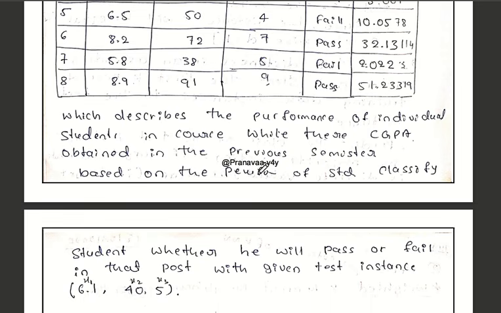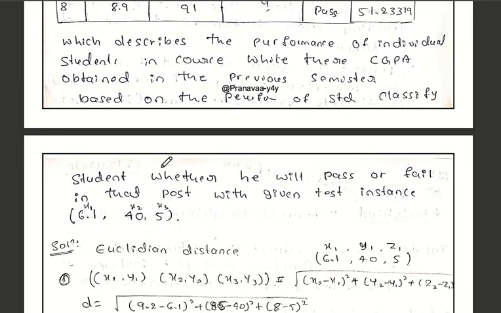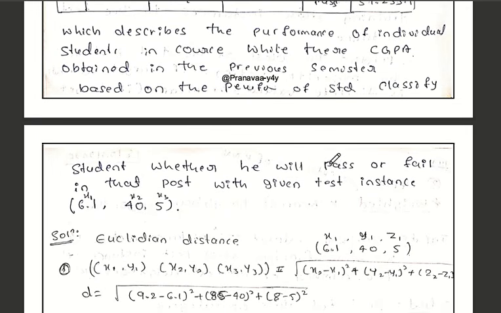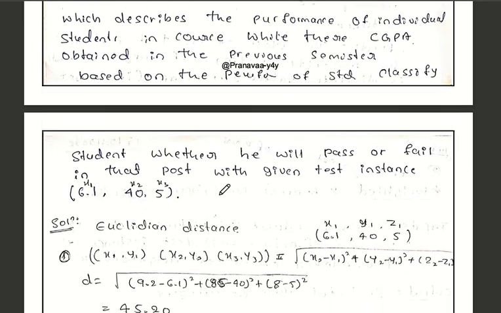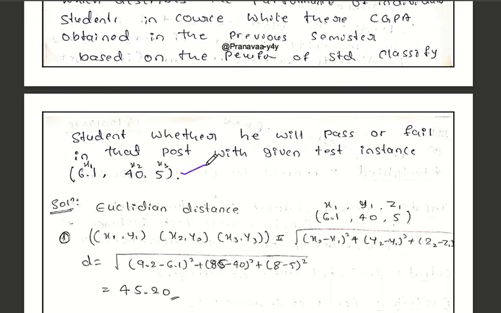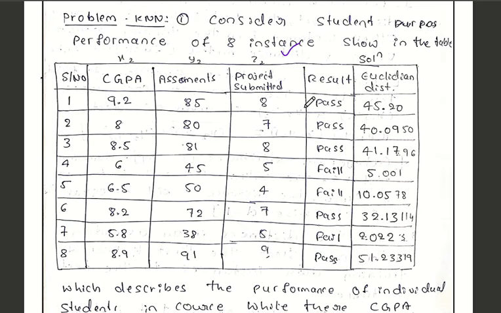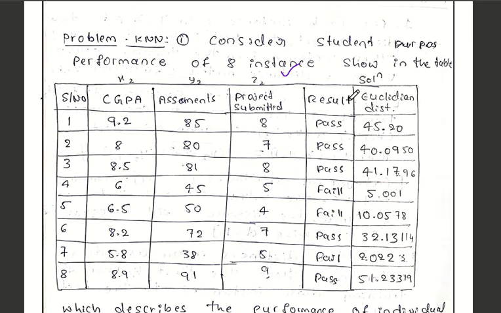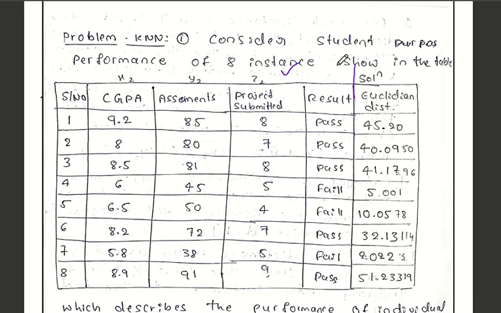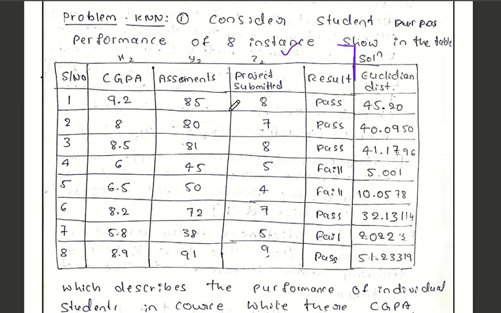Based on the performance of the students, classify whether the student will pass or fail in that course with the given test instance. So they have given the training data table.